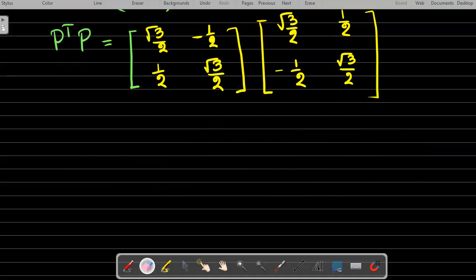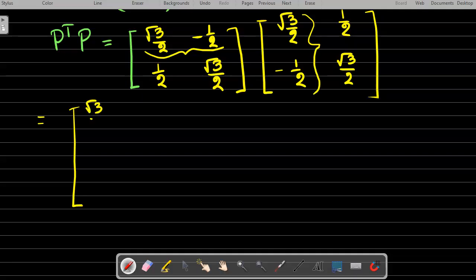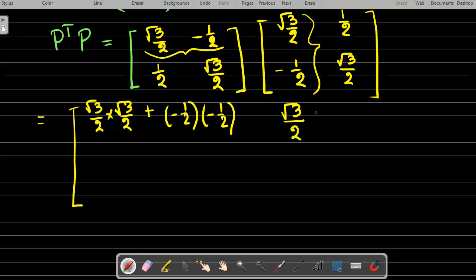Now find this multiplication. So what is matrix multiplication? This is basically dot product of the row with the columns. So first take the first row and the first column. Now find the dot product. So root 3 by 2 multiplied by root 3 by 2, then plus minus half multiplied by minus half. Now what will be the second element? This is dot product of the first row with the second column.